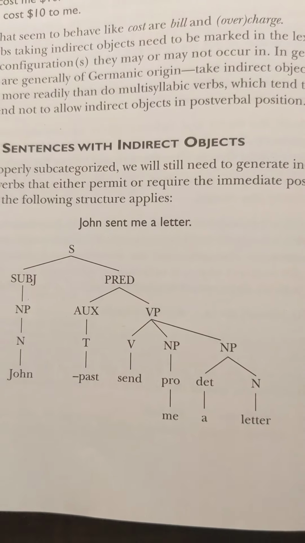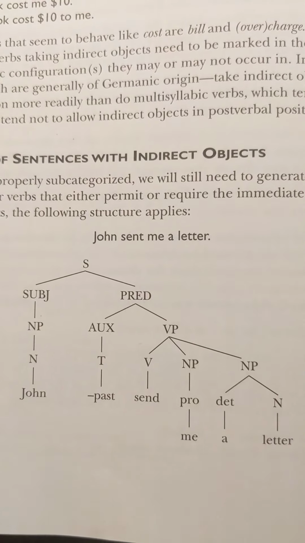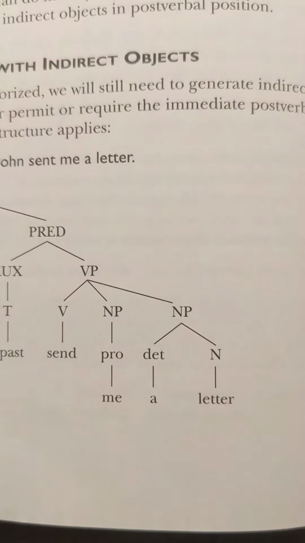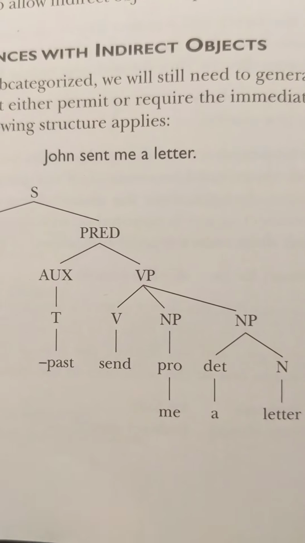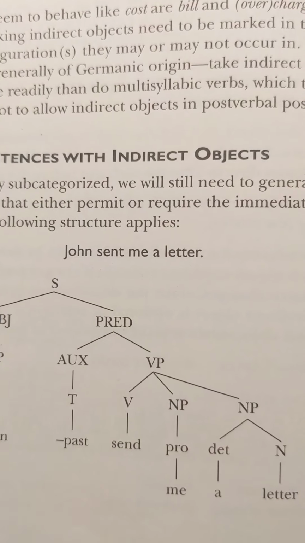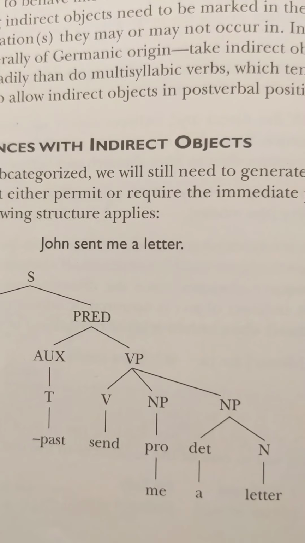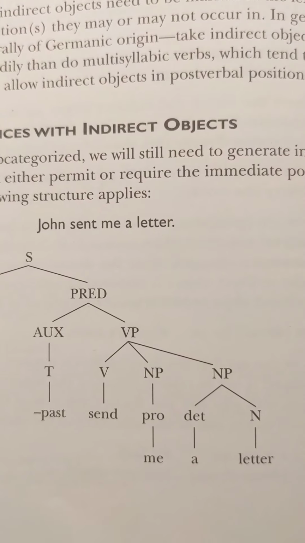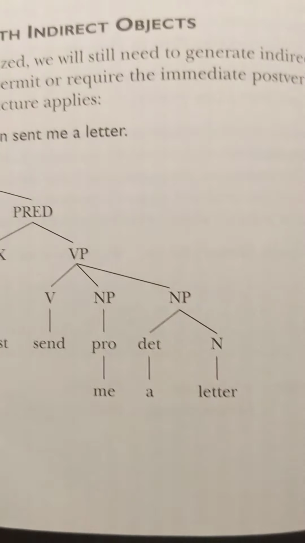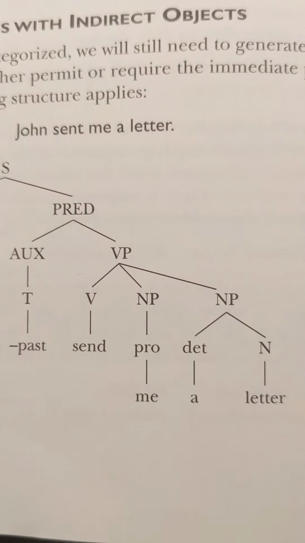And so when you're working with a ditransitive verb such as sent, all of that stuff is going to go as part of the verb phrase. So John sent me a letter. Me and a letter, both of those are going to be part of the verb phrase.